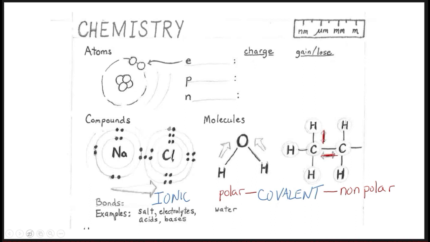Same with the carbon and hydrogen. But anytime you have oxygen or nitrogen involved, either of those are going to create unequal electron sharing, where there's more time spent by electrons up here, and so the oxygen ends up partially negative and the hydrogen partially positive.